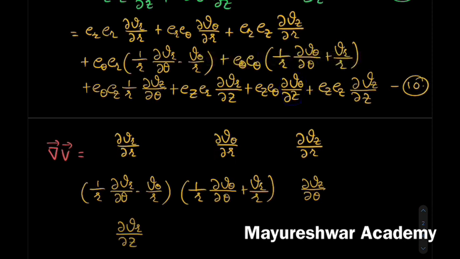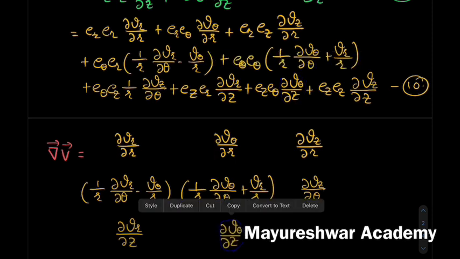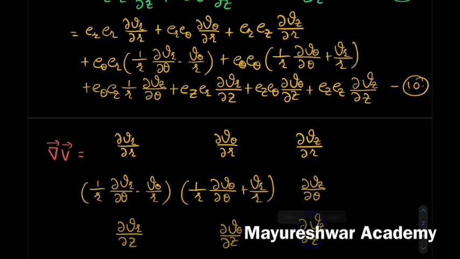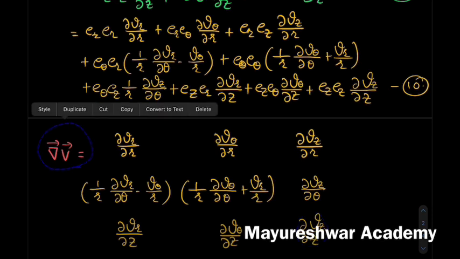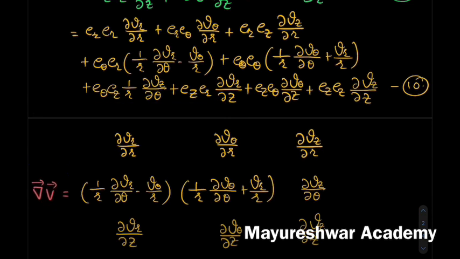So similarly this is the EZ ER term, this is the EZ E theta term and the EZ term. Let us rearrange these terms so that we can properly represent that in the form of a matrix.